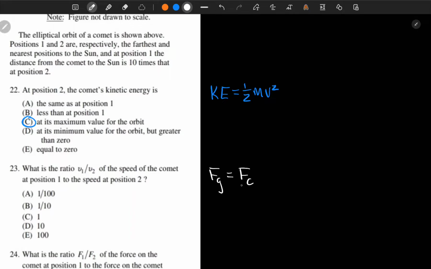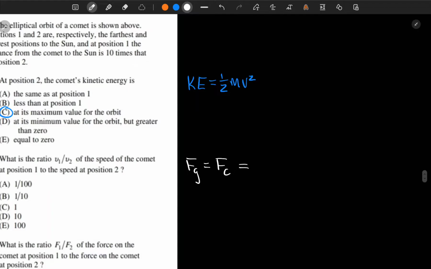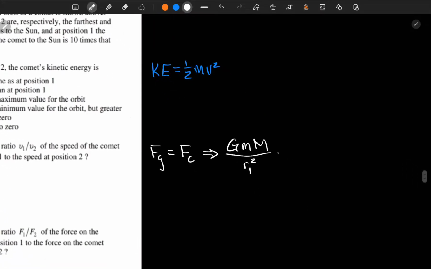We can find the centripetal force. Here, the gravitational force is G, Newton's constant, times the mass of the comet, times the mass of the Sun, divided by the radius r1 squared, and this is for position 1. And this should be equal to the mass of the comet times v1 squared divided by r1.